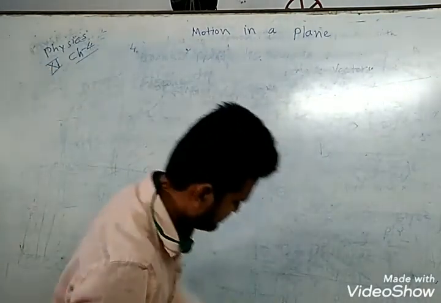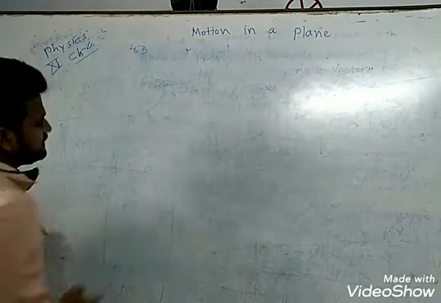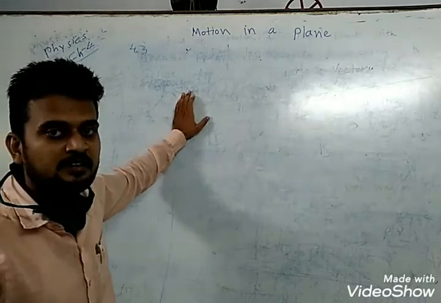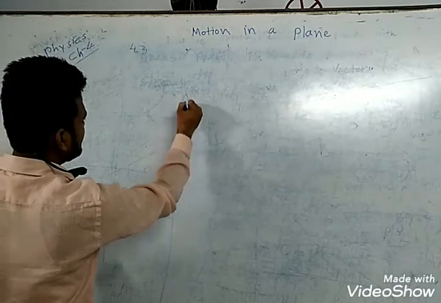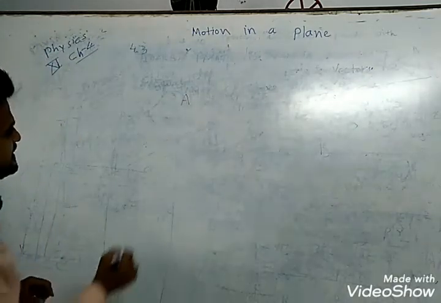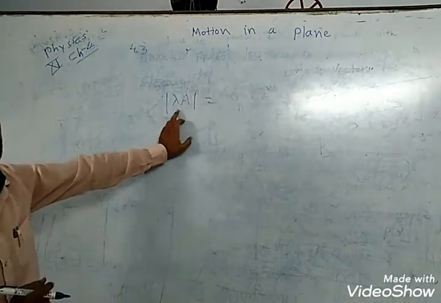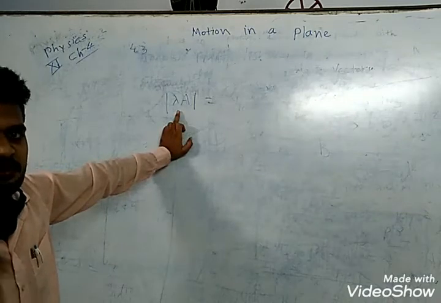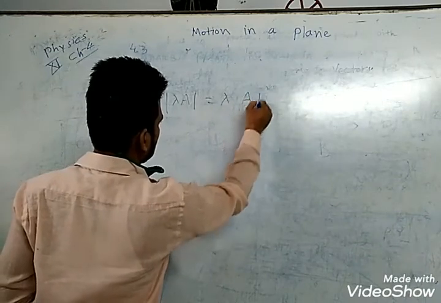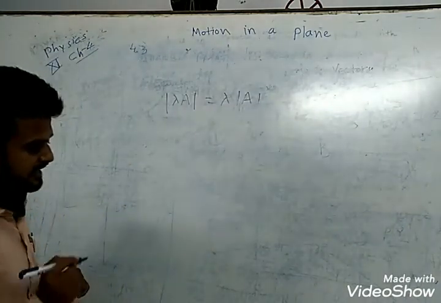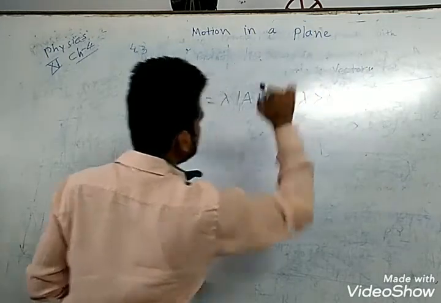The next point is 4.3, multiplication of a vector by a real number. Suppose we have one vector A. This vector A is multiplied by a real number lambda, a positive real number, so lambda is greater than 0.